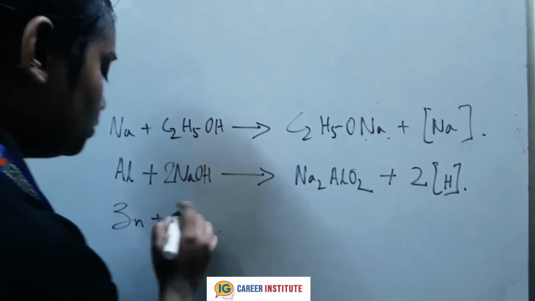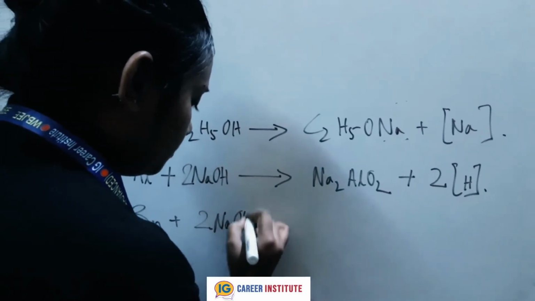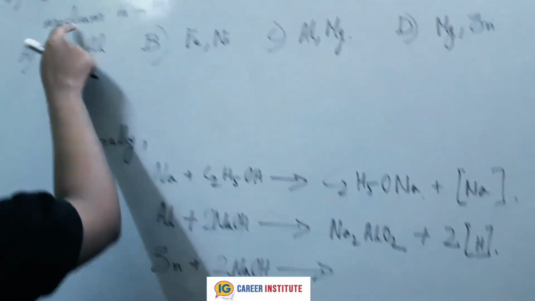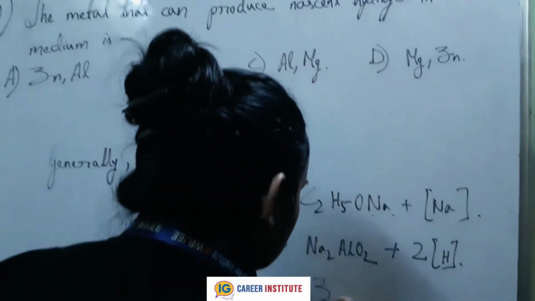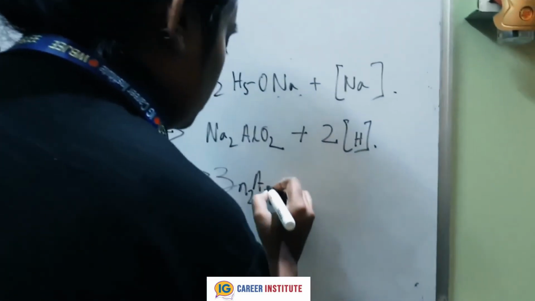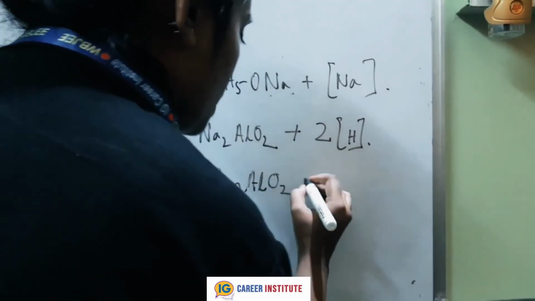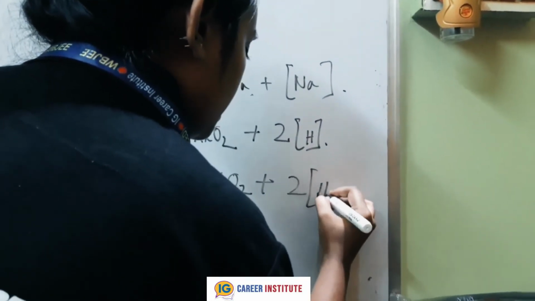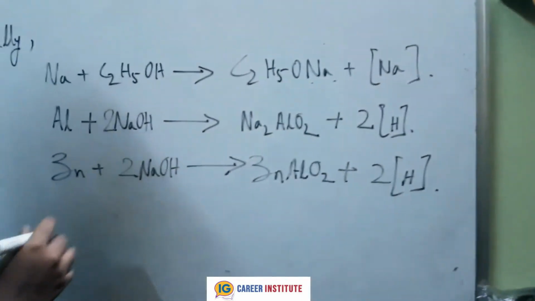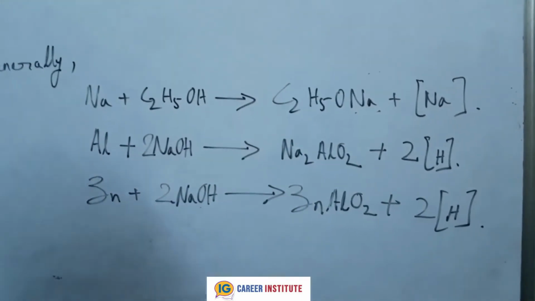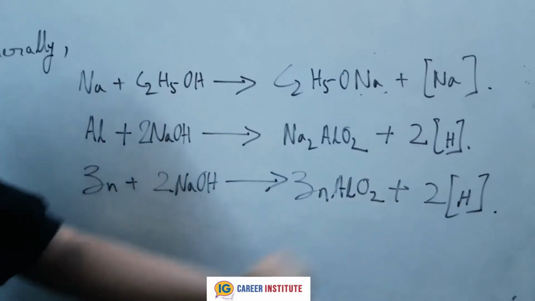This won't be dilute H2SO4 medium, this will be alkaline medium only, because in the question we have been asked about alkaline medium. So it will be Na2ZnO2 plus 2 nascent hydrogen. So these are the reactions where nascent hydrogen is given out as a byproduct.